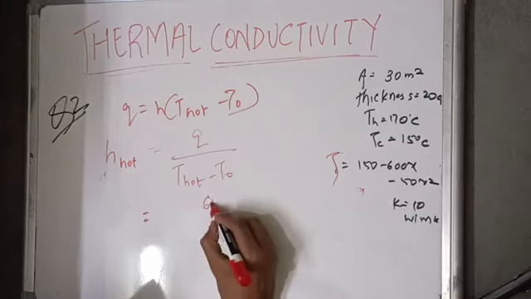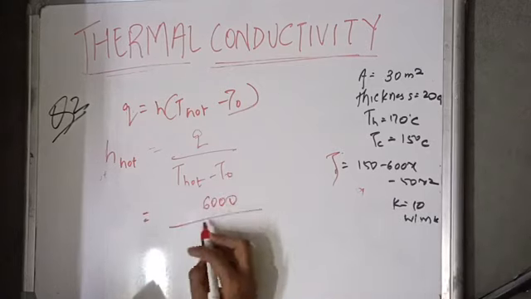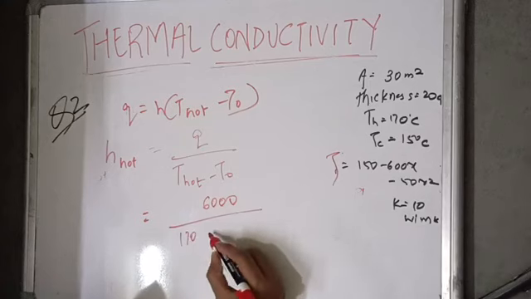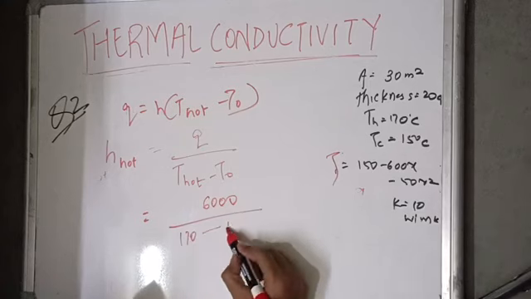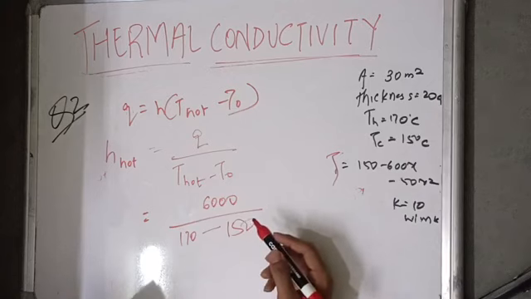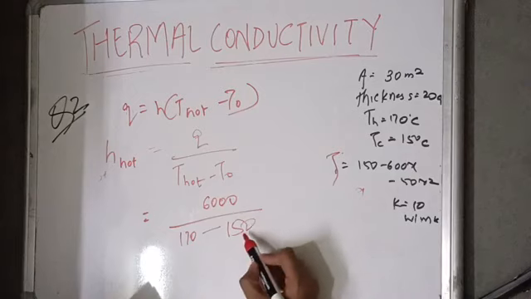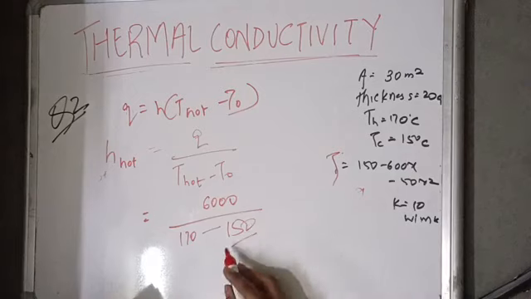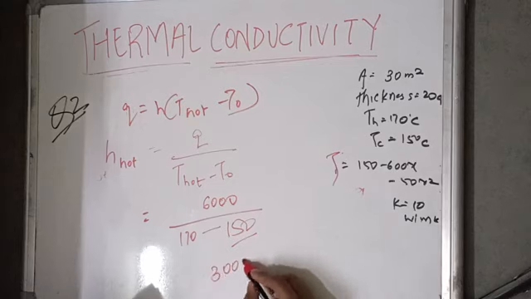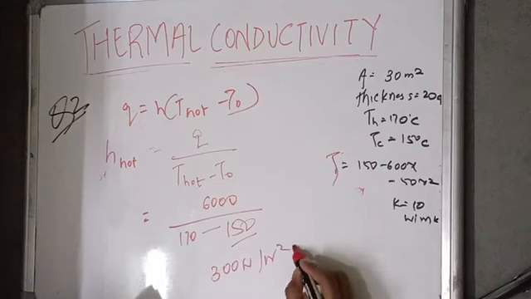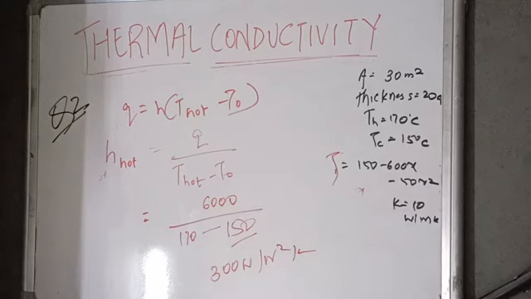We just calculate the value of Q of the hot fluid, and the temperature at 0 centimeter from the wall is 150. After calculating we get 300 watt per meter square Kelvin at the hot surface.